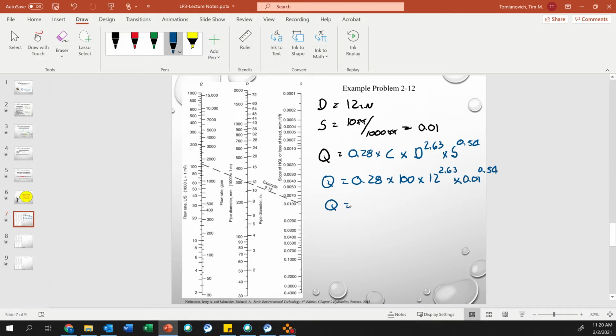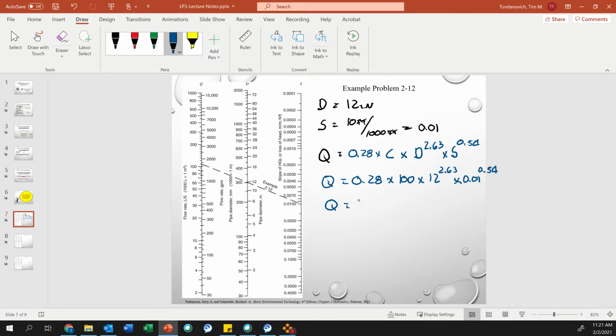So just be careful with units: 0.28 times 100 times 12, the caret key on your calculator, raised to the 2.63 times 0.01 raised to the 0.54. I get 1604, 1605.